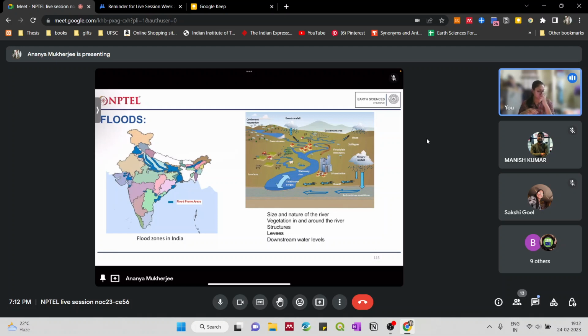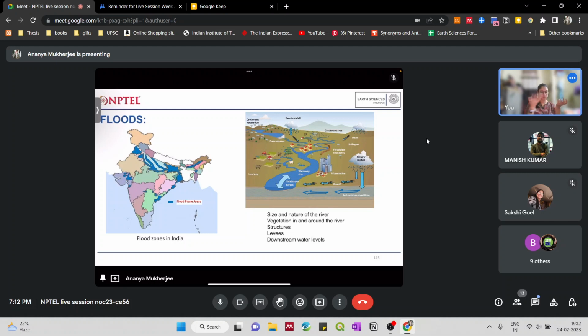Now some of the processes that are causing floods, due to changes in the water levels of the river system, some of them are natural in nature and some of them are man-made.